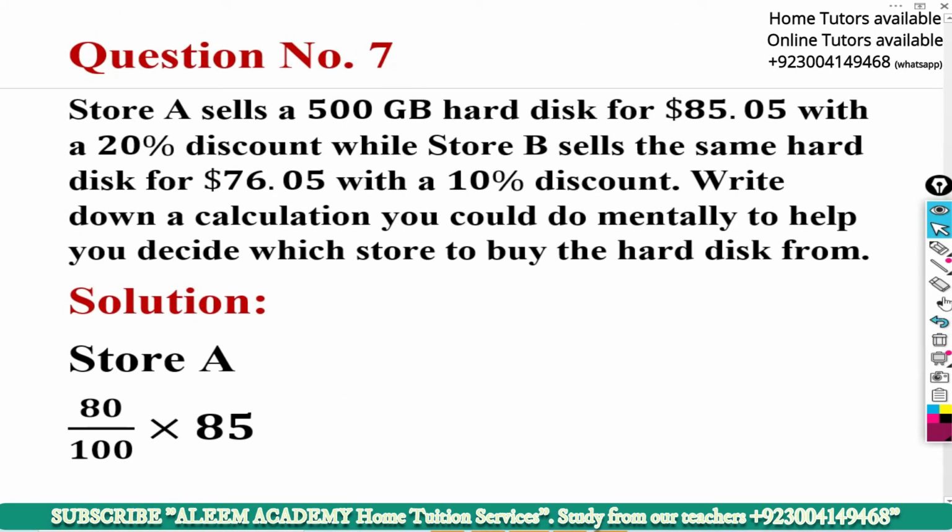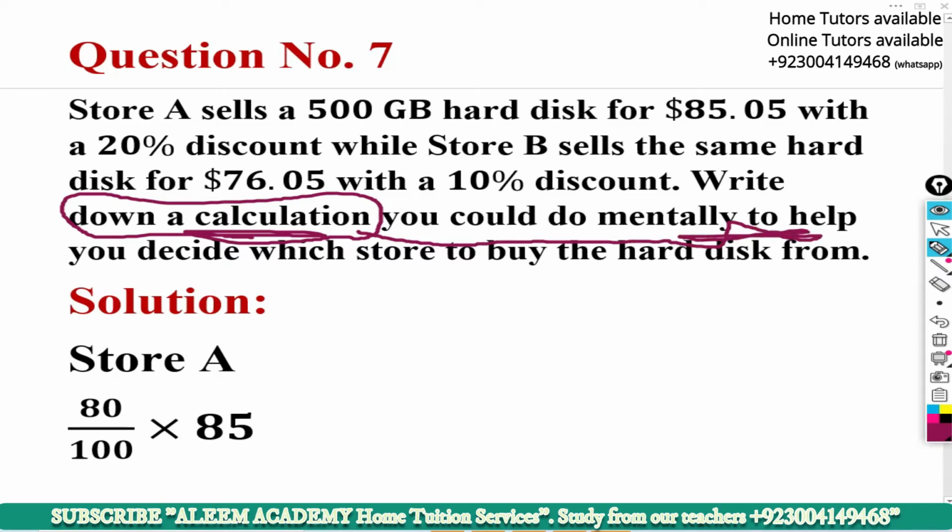But see one thing here. Write down a calculation you could do mentally to help. They are not asking you for the final answer. This is basically a paper 1 question. So in the paper you only have to write down your calculation. You do not need to write down the full answer.